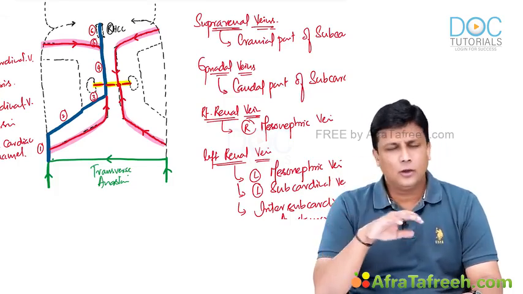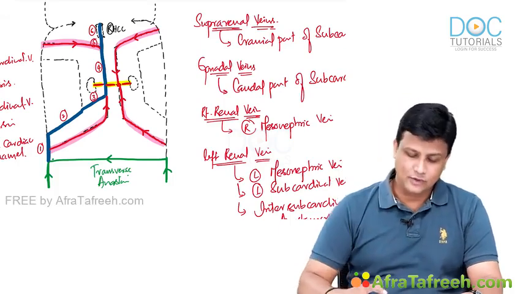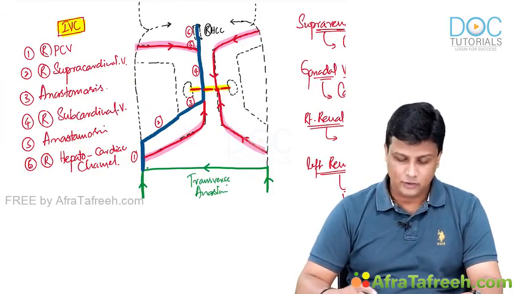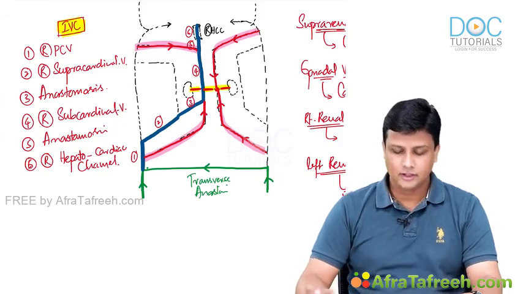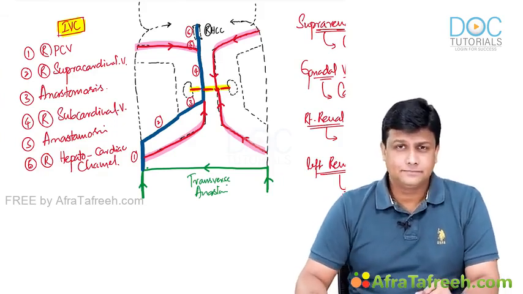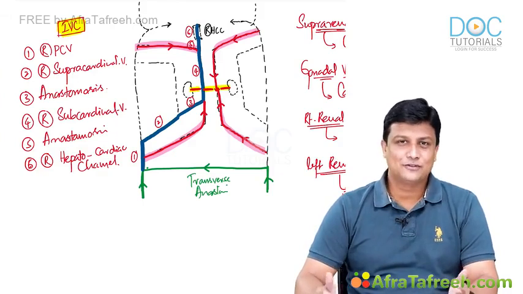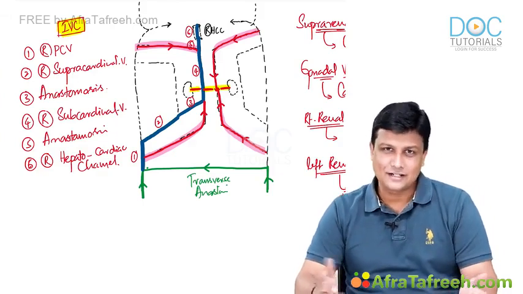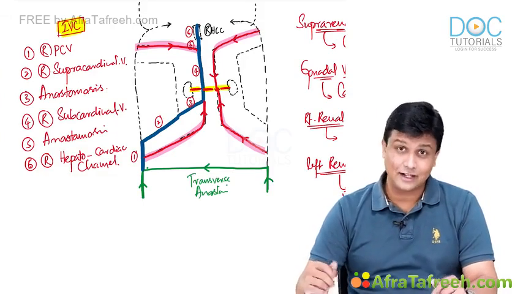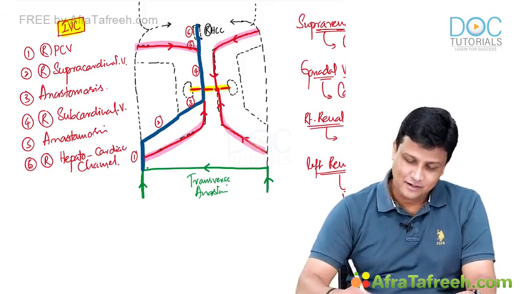Now, once you are done with all this normal development of all these veins, now the abnormality. What is the abnormality? Development of double inferior vena cava. I think we have done so much of cardiovascular system embryology till now. You yourself can decide right now: how will double inferior vena cava be formed? It's so simple.